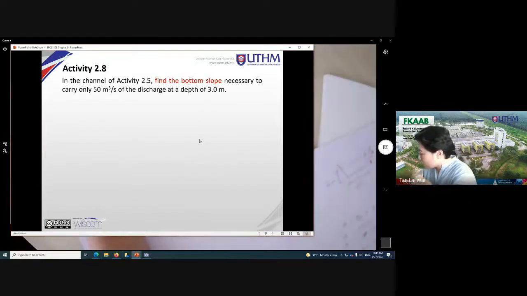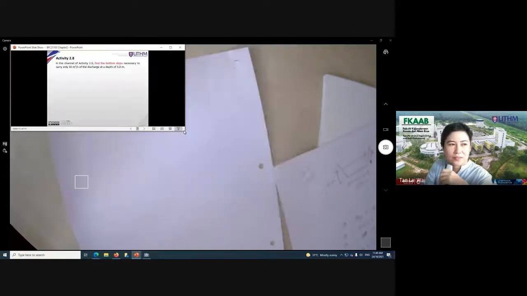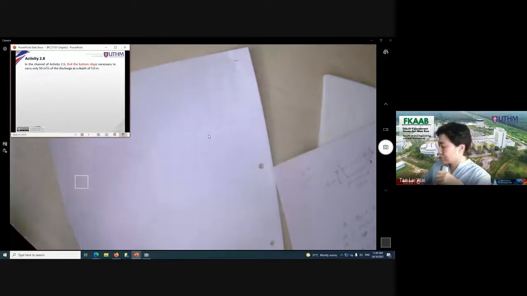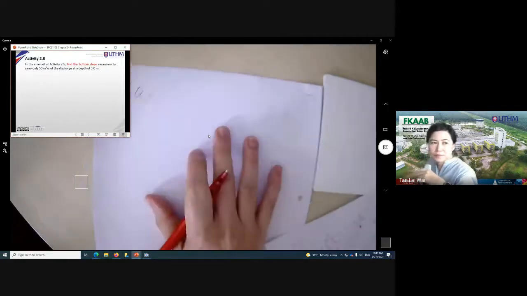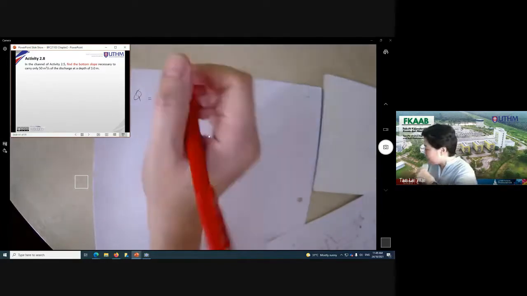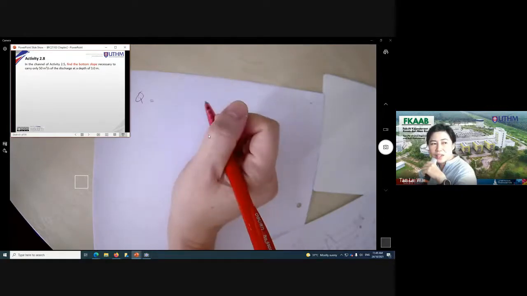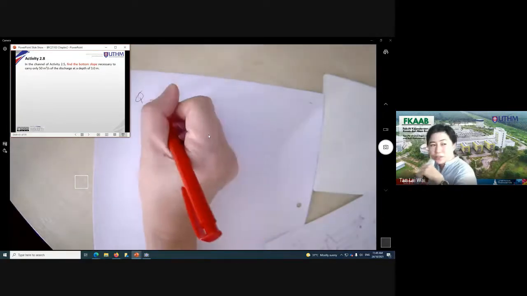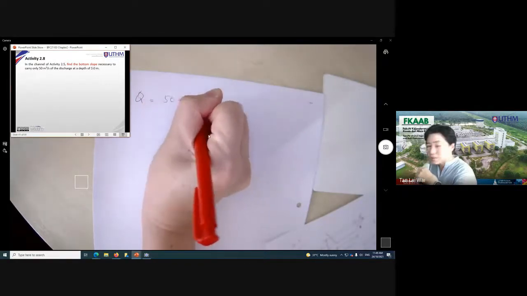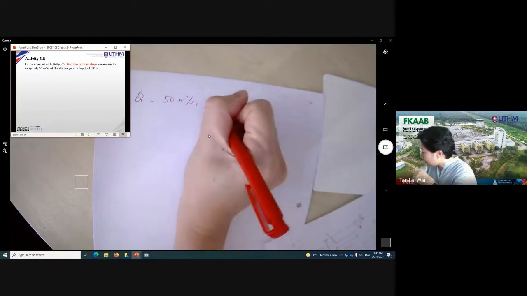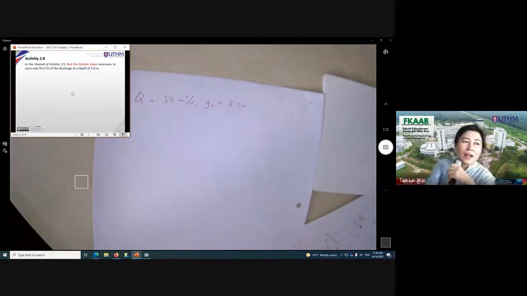The characteristic of the channel is the one in activity 2.7. The discharge Q would be 50 in this case. The depth of flow is 3 meters.